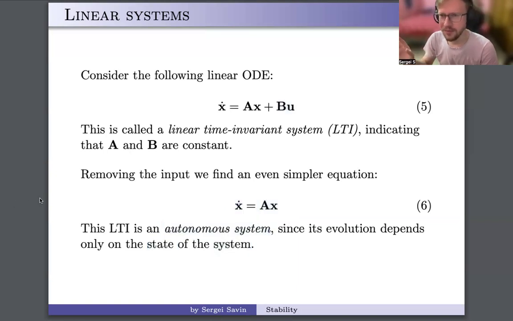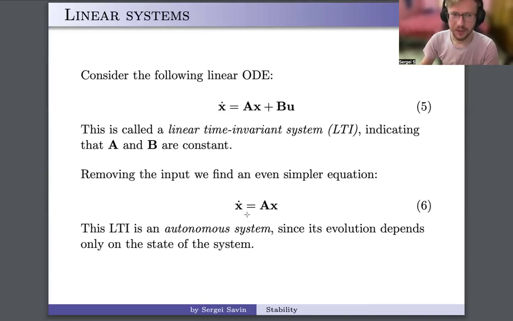Basically, what I want you to get for now is that we call those systems autonomous, and they have interesting properties. For us, the goal will be to analyze them in terms of stability.